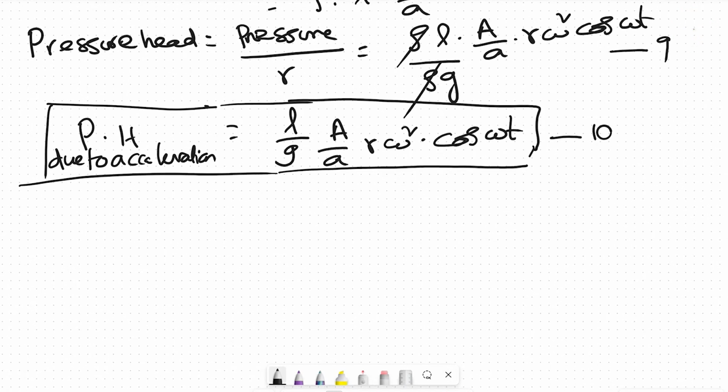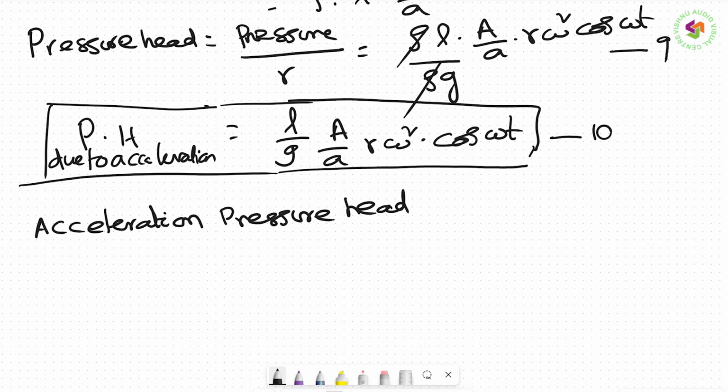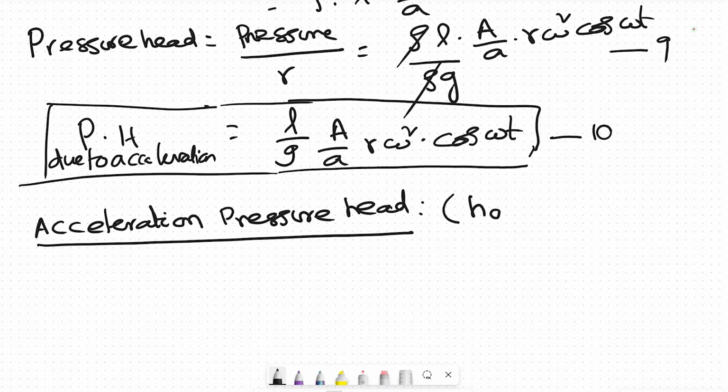Now, if I recollect, the acceleration pressure head we call HA.